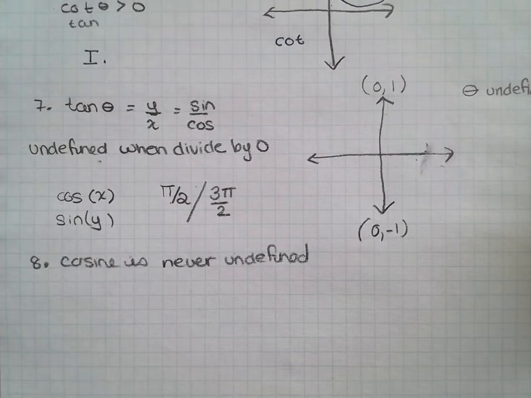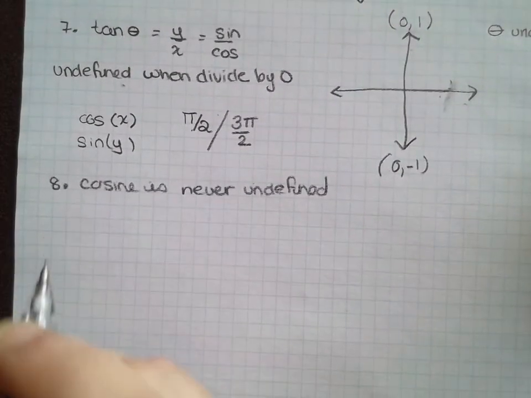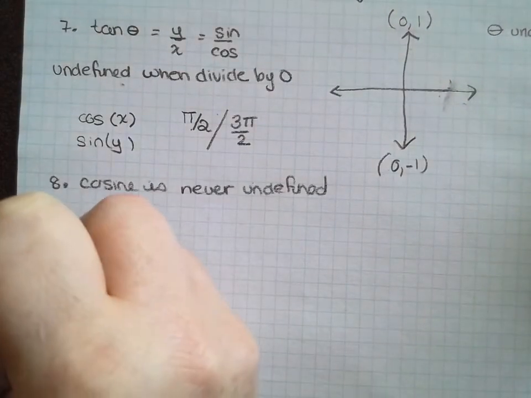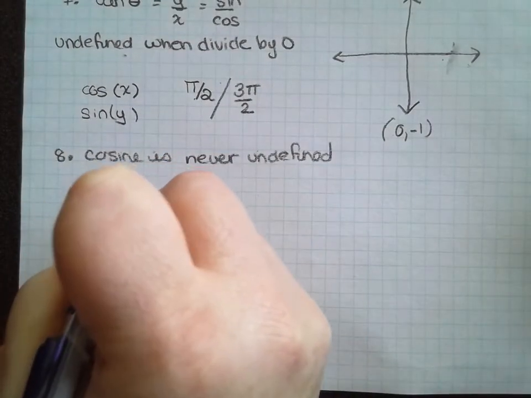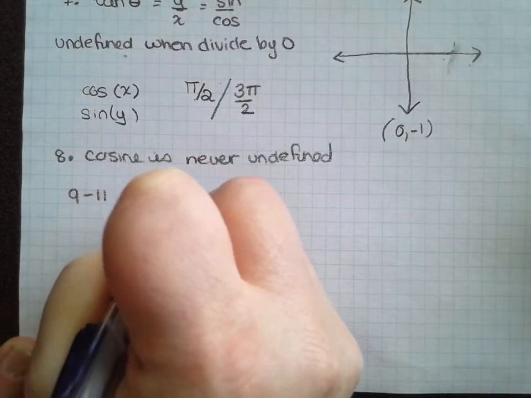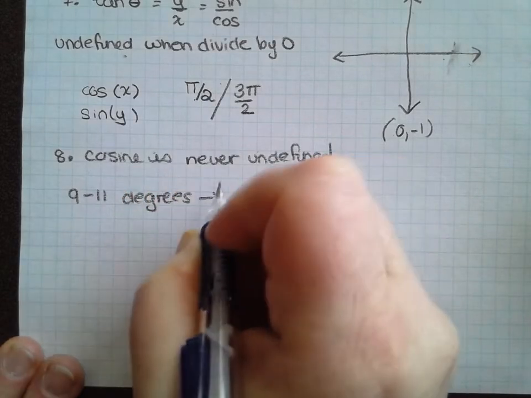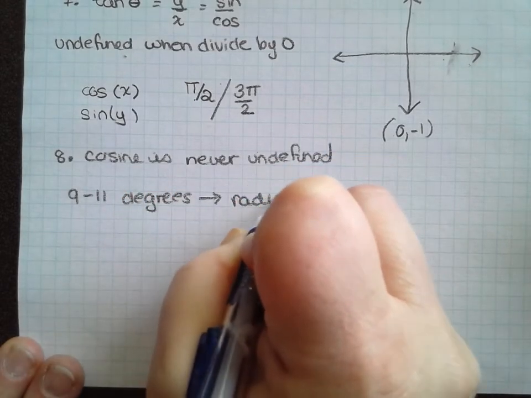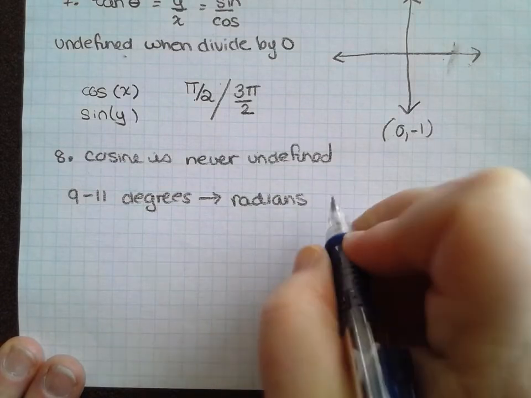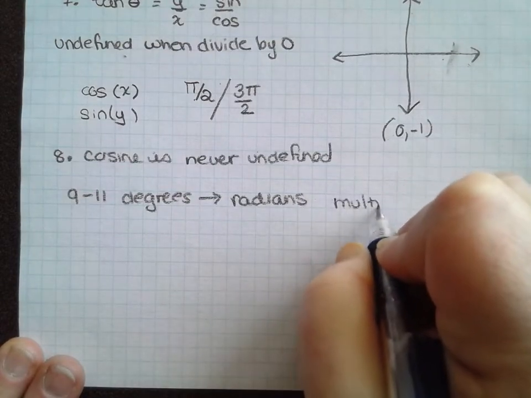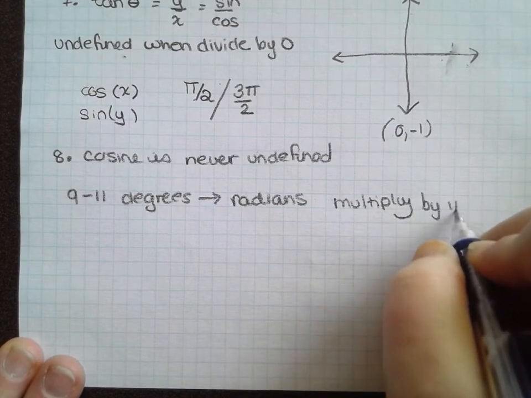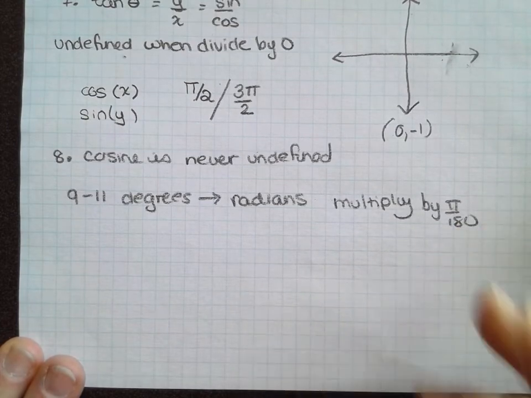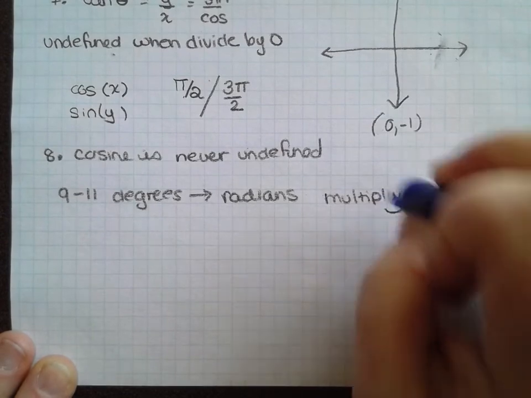So remember when we're doing 9 through 11, we're converting degrees to radians. So remember, you multiply by pi over 180, okay? And you want to make sure you reduce it as well.